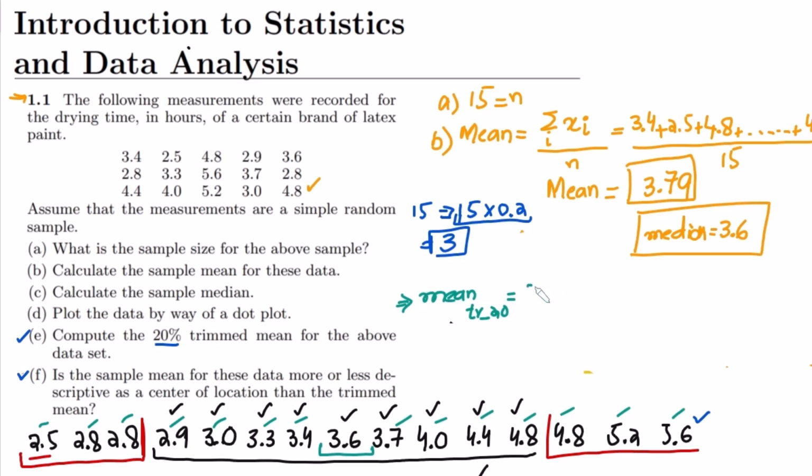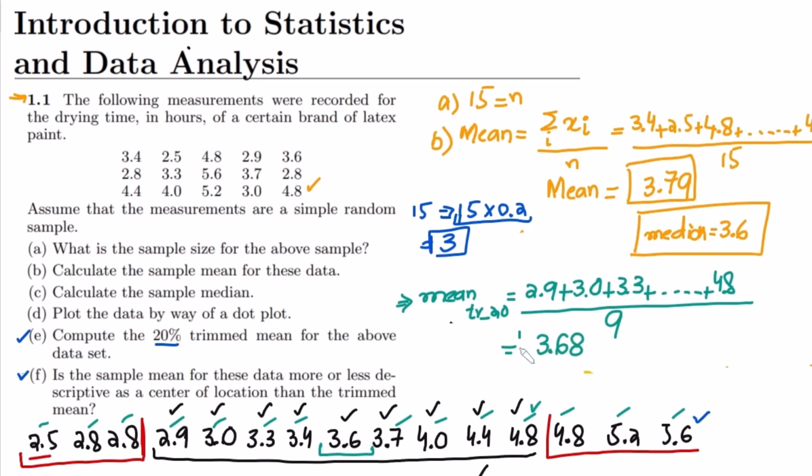I have to add all the data points from 2.9 plus 3.0 plus 3.3, all up to 4.8, plus 4.8, and now divide it over the number of data points we have. The remaining data points we have are 9. As I have already calculated it, the trimmed mean I will get is 3.68. This is the trimmed mean. This is the answer of part E.